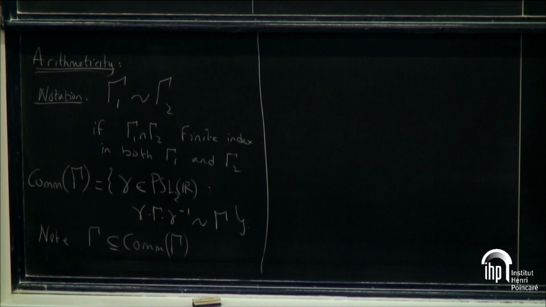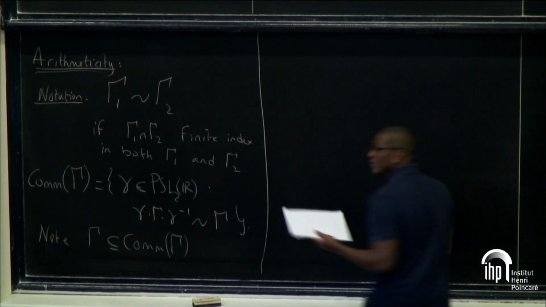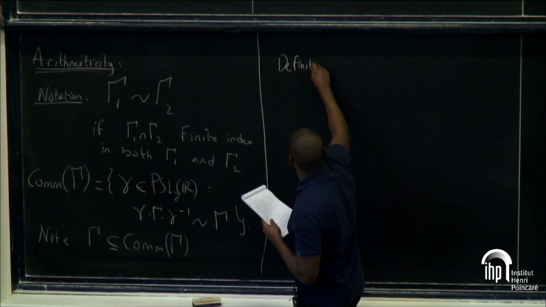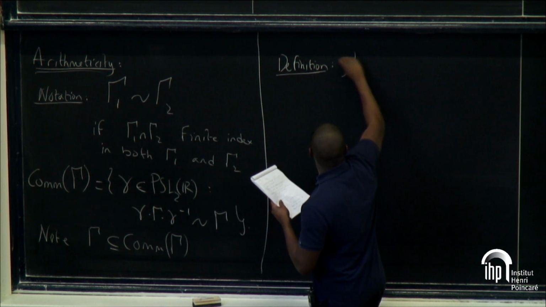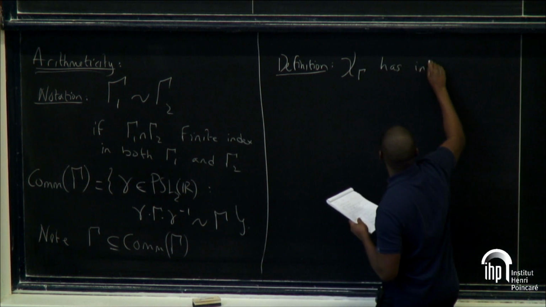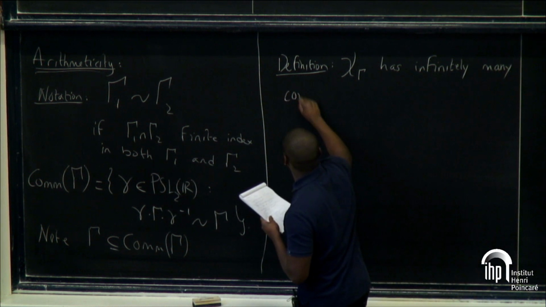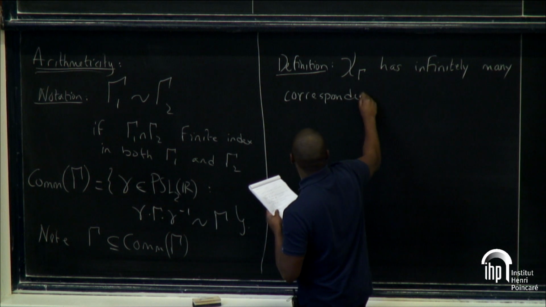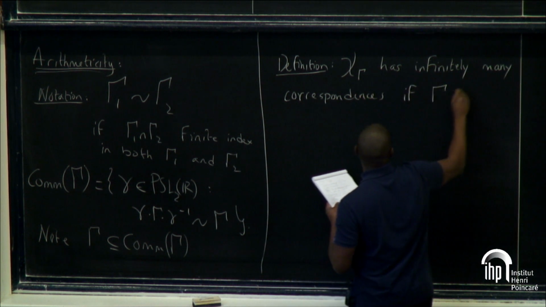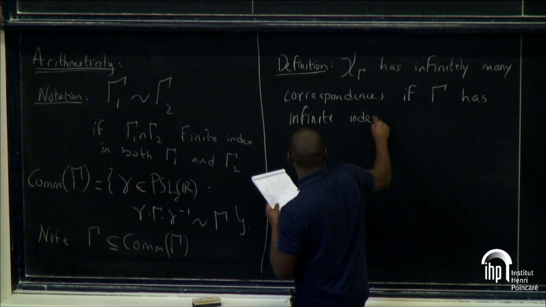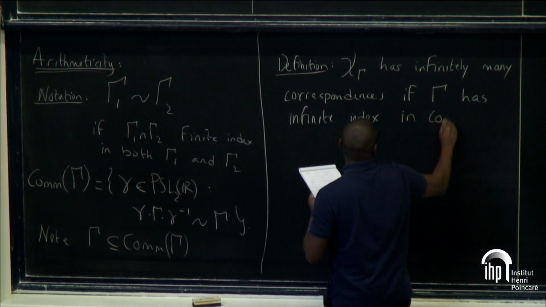And so what's useful is that using the commensurator, one can then define what it means to have infinitely many correspondences: it has infinitely many correspondences if gamma has infinite index in its commensurator.